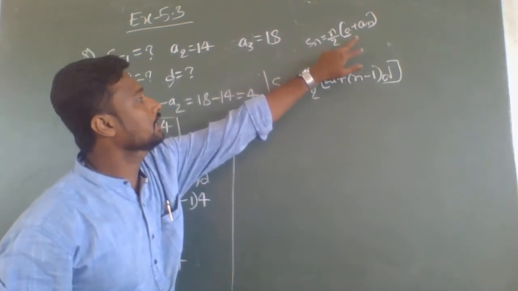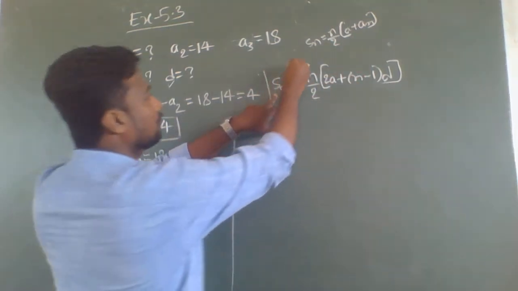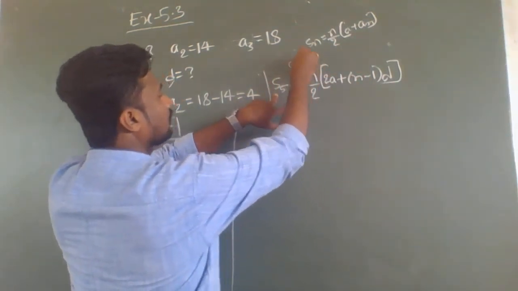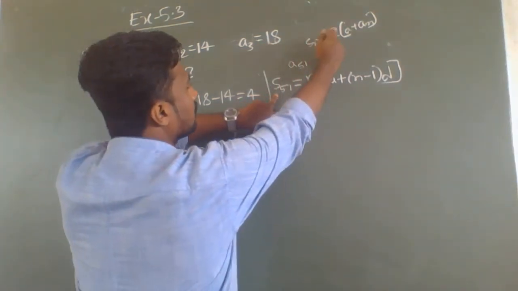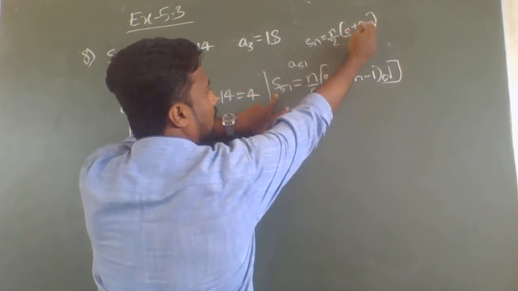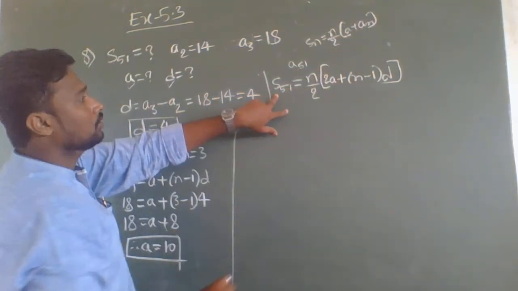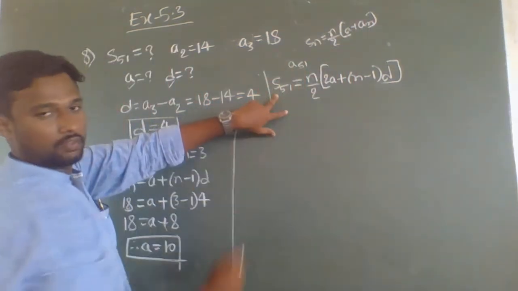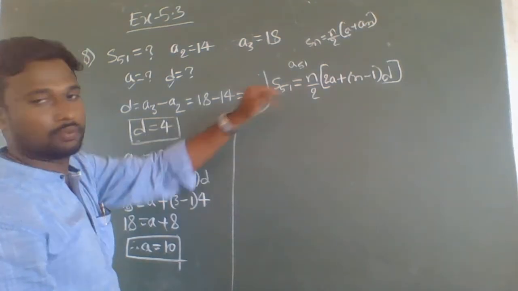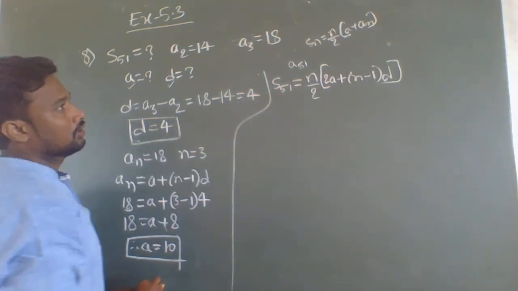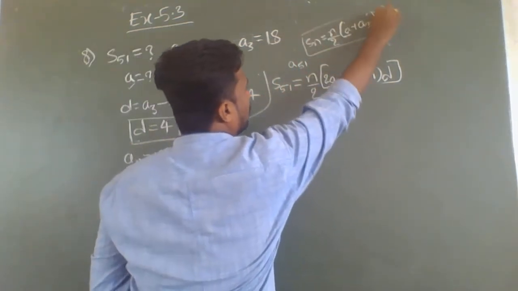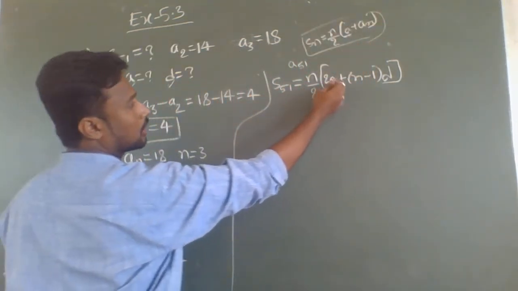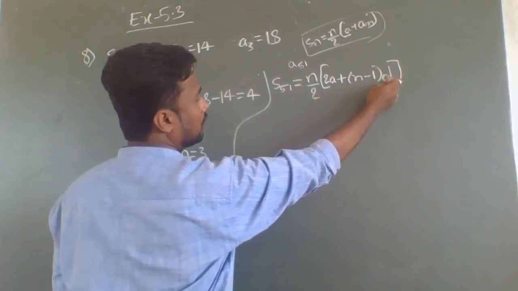They have not given an, meaning they would have to give the A51 value. If they had given the A51 value, I would use the formula Sn is equal to n by 2 into bracket a plus an. But here we don't have the value of A51 to calculate the sum of 51 terms. So in place of that formula, I will use n by 2 into bracket 2a plus n minus 1 into d.